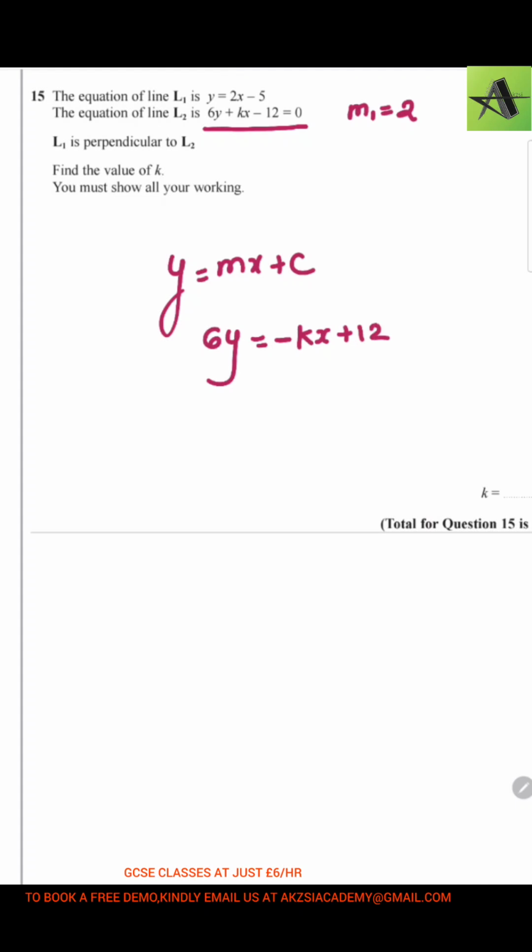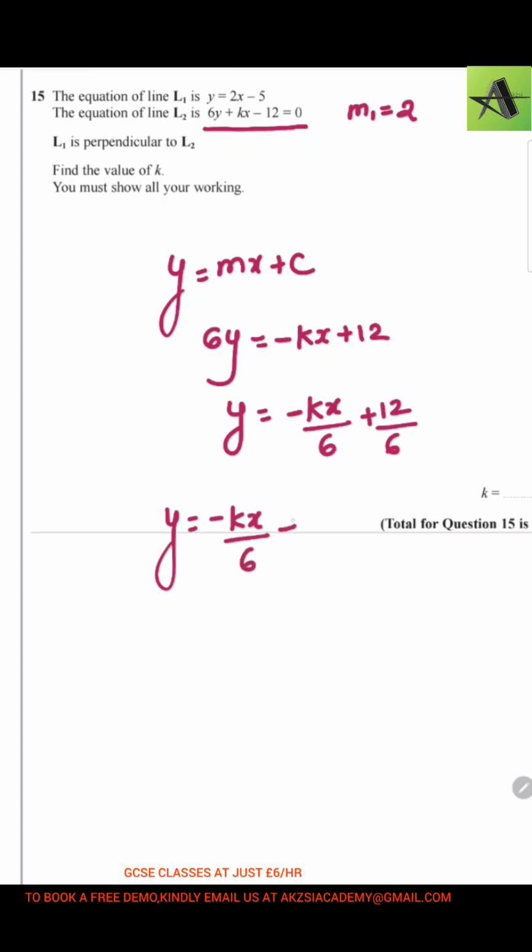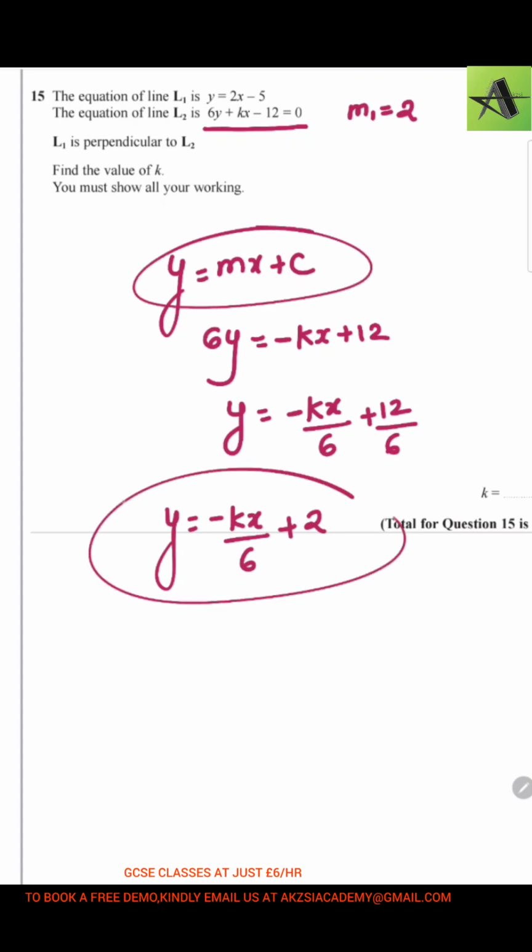Finally, dividing both sides by 6, I get y equals negative kx over 6 plus 12 over 6, which is y equals minus kx over 6 plus 2.